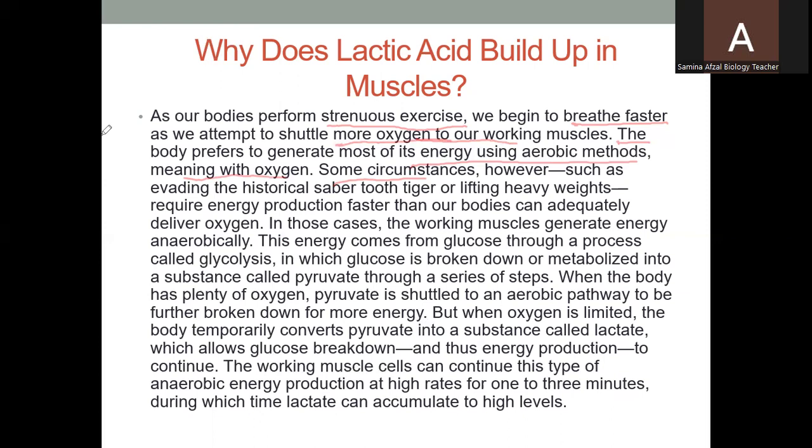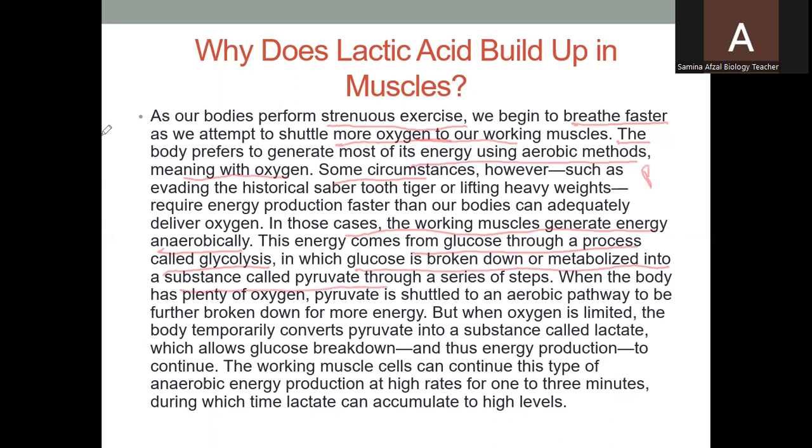So I would like to read these words as well. In other cases, the working muscles generate energy anaerobically. Our body starts respiring anaerobically. This energy comes from glucose through a process called glycolysis. I have already told you that during the process of glycolysis, energy is released, in which glucose is broken down, or metabolized, into a substance called pyruvate.